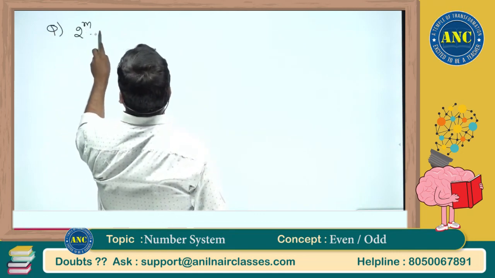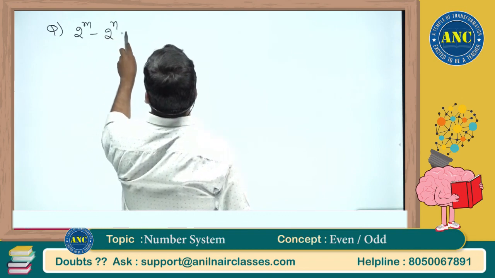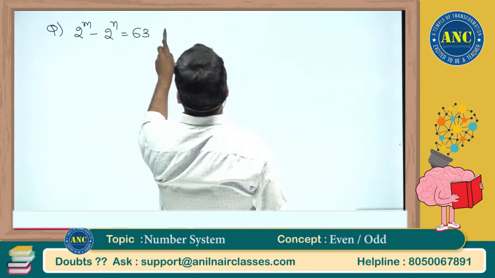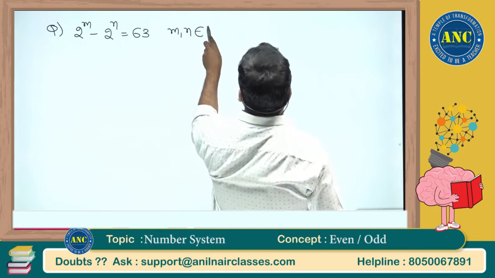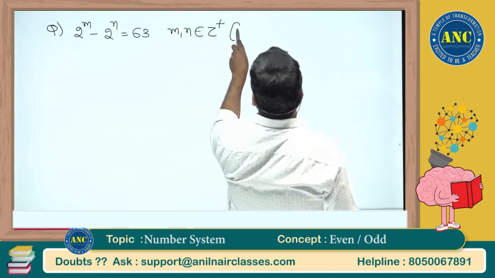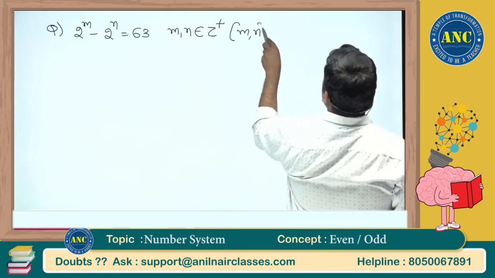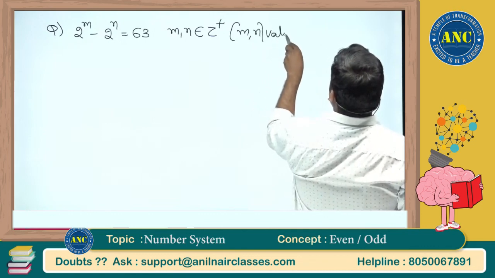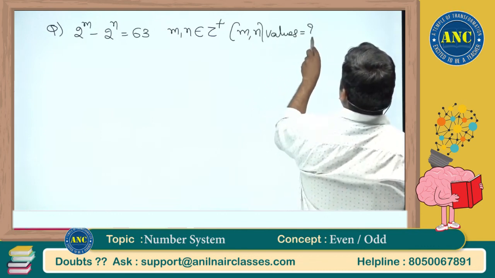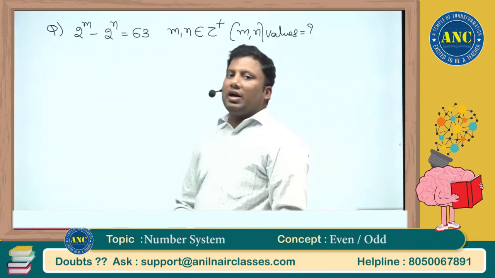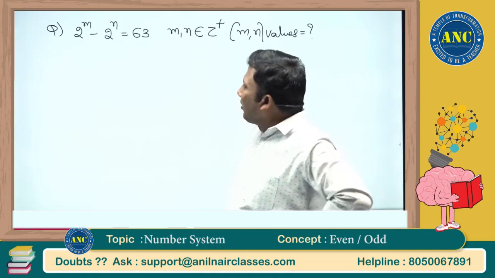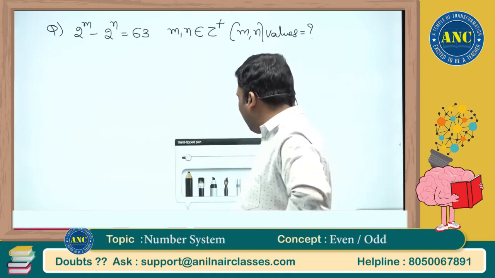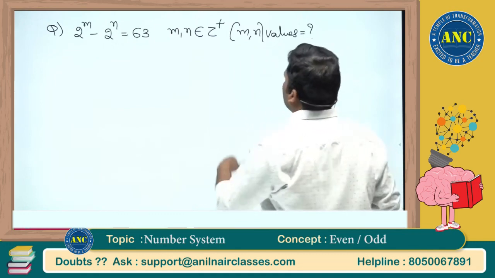2 power m minus 2 power n is equivalent to 63. M and n are positive integers. How many values can m comma n take? This is our second question. 2 power m minus 2 power n is equivalent to 63, where m and n are positive integers.